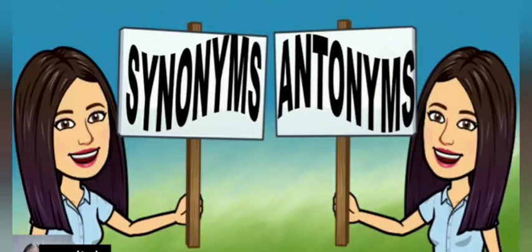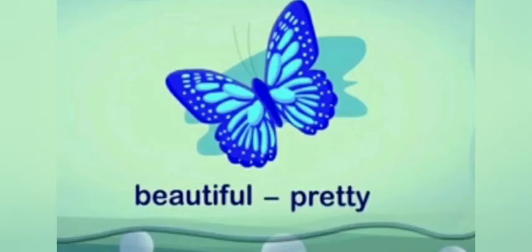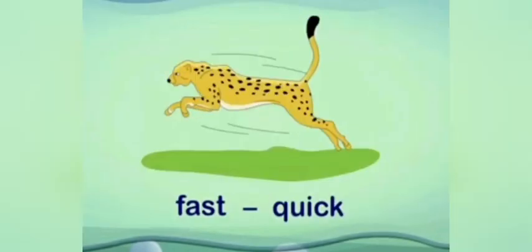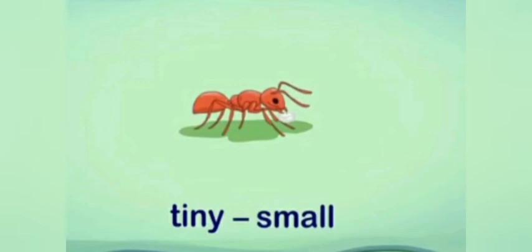Now, let me explain another topic, synonyms and antonyms. Let's start with synonyms. First words, beautiful, pretty. Here we have two words, beautiful and pretty, and the meaning of both words is the same. Other words: fast, quick; large, big; tiny, small.